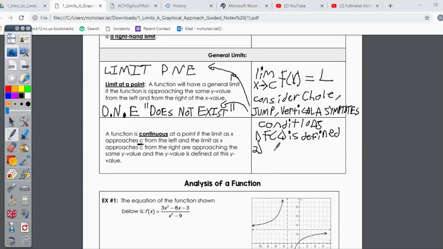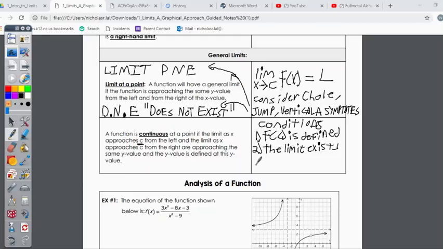Two, the limit exists. Three, the limit as x approaches c of f of x is equal to f of c.